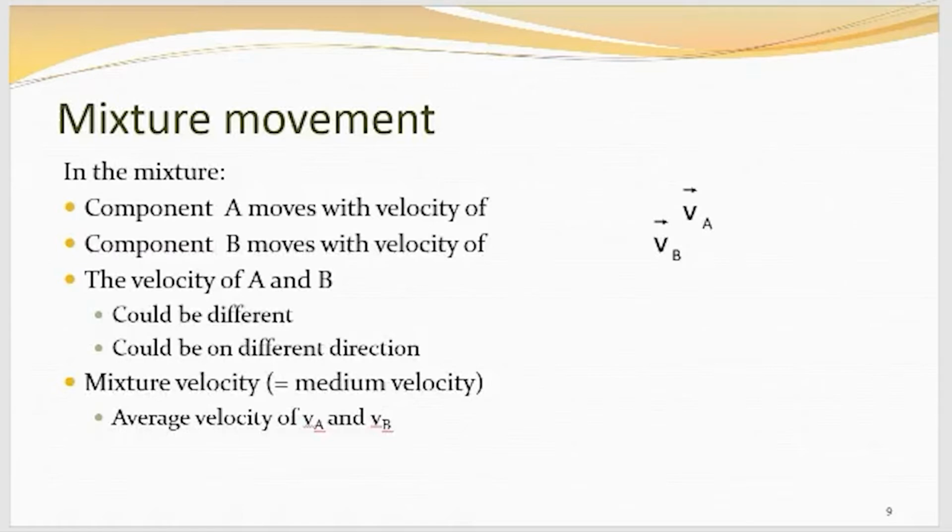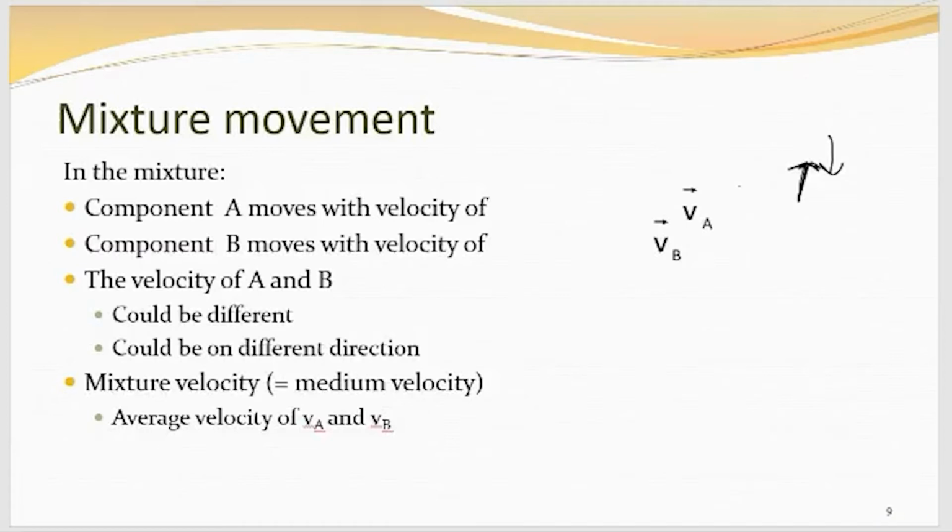Velocity A can be faster than velocity B, and they could be in different directions. For example, maybe A moves in this direction and B moves in this direction. So the velocities could be different in value and in direction as well.